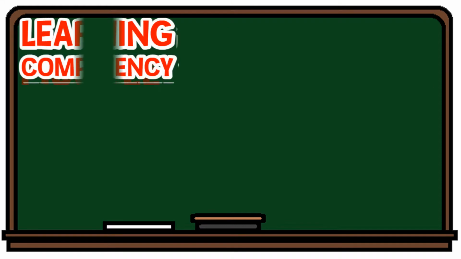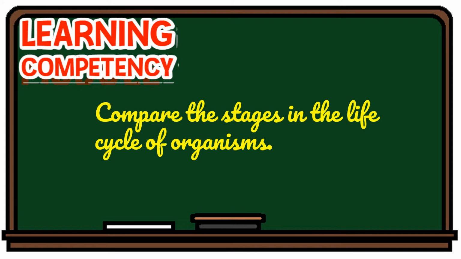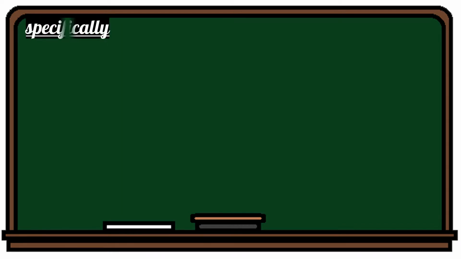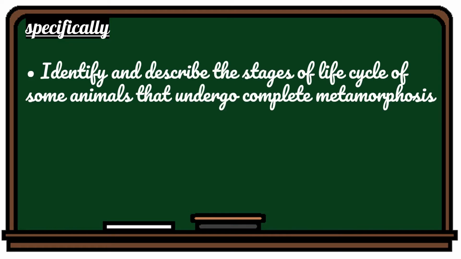The learning competency for Module 11: you will compare the stages in the life cycle of organisms. Specifically, this module will help you to identify and describe the stages of life cycle of some animals that undergo complete metamorphosis.